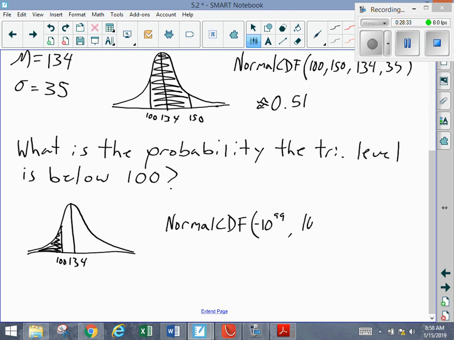Our upper bound was 100, mean of 134, standard deviation 35, and that was equal to, what did we get? Approximately 0.166.